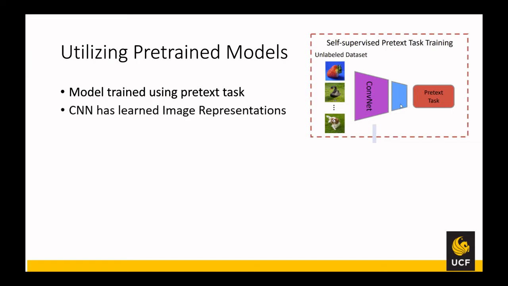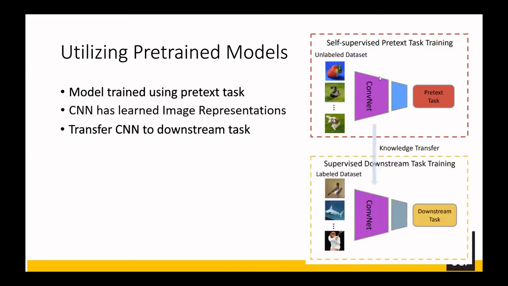This projection head is specific to the pretext task and can be discarded after training. Next, the weights are transferred to the downstream task, but only the purple CNN weights. And finally, a new projection head is added to the network and fine-tuned for the downstream task. This fine-tuning is done using a labeled data set that's specific to the downstream task.